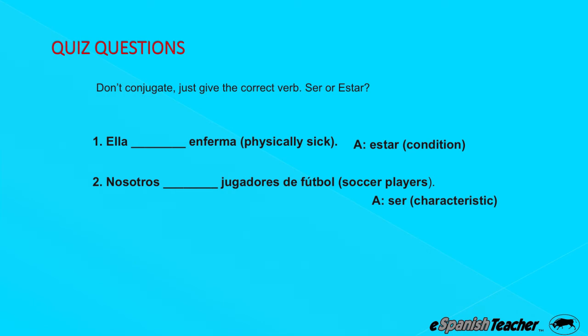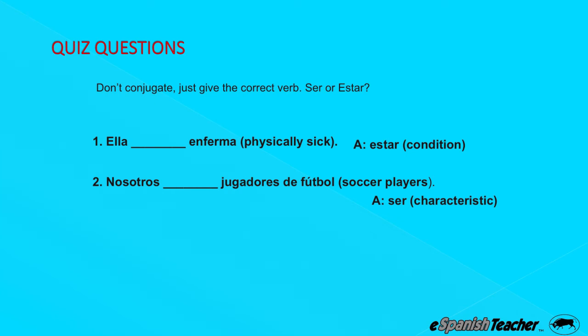The key thing to remember here is that a characteristic is something that is not likely to change very easily. If you are a soccer player, it's likely that you've been a soccer player for quite a while. You've trained and you've spent time and energy and effort getting better, such that you identify yourself as a soccer player.